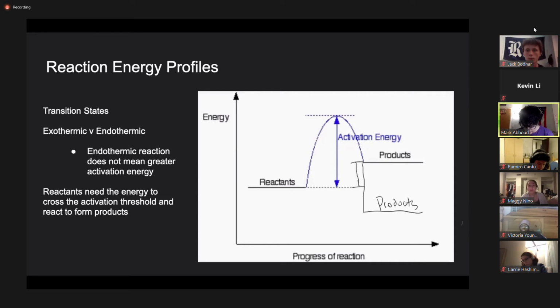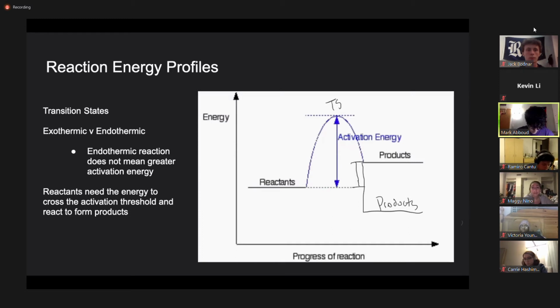An important note is at the top, this is the transition state, and you just got into multi-step reactions, I believe, which also have intermediates. However, that will be covered in the review whenever the next review is. I'm not sure they determined that yet. But right now, I'm just going to talk about this simple reaction energy profile.